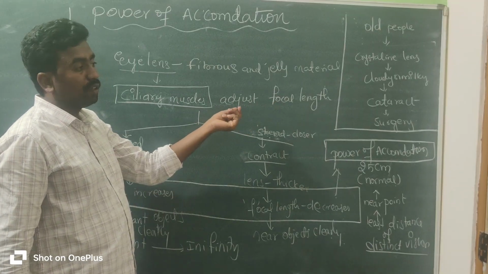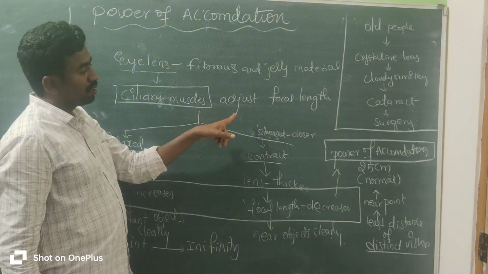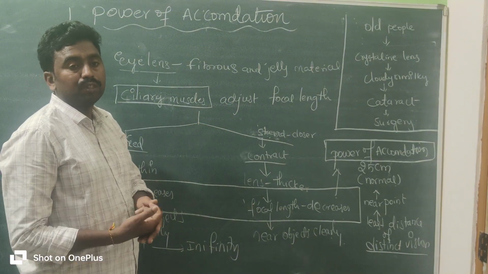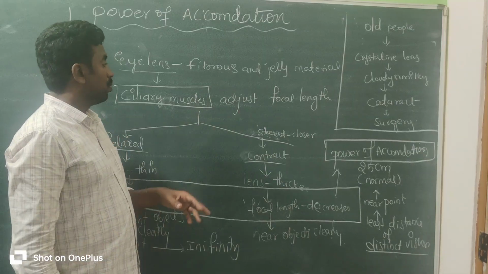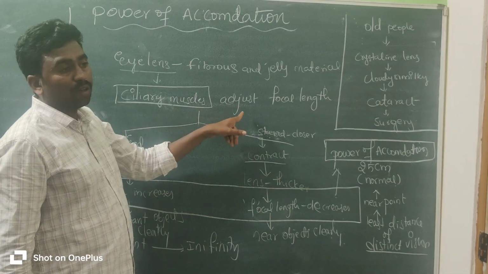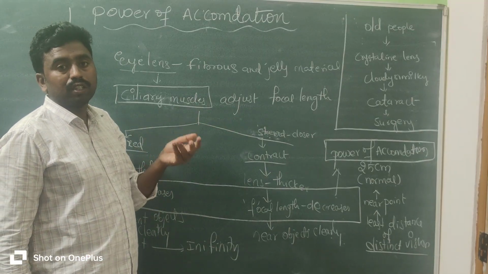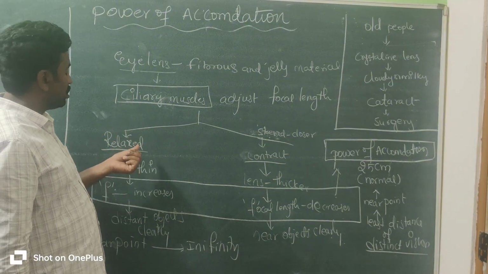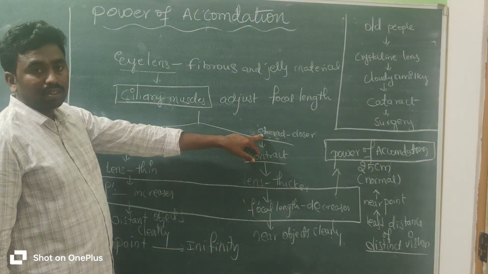If the focal length is not adjusted, we will not be able to see objects at different distances. So ciliary muscles adjust the focal length so that we are able to see images clearly. Now ciliary muscles are sometimes relaxed, sometimes stressed.